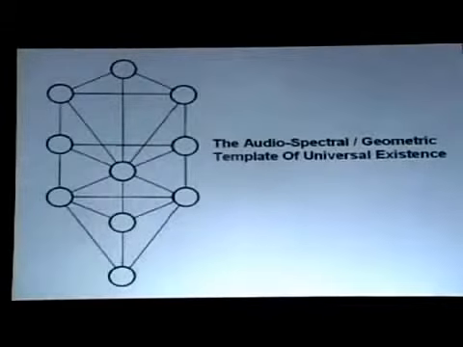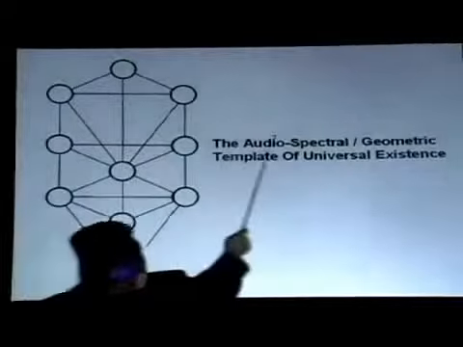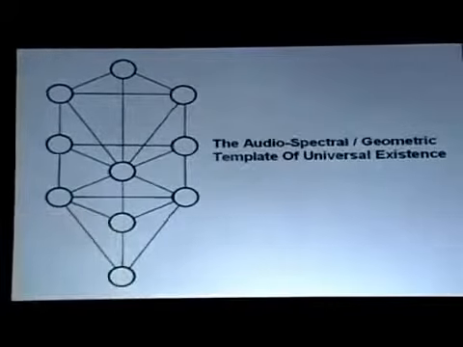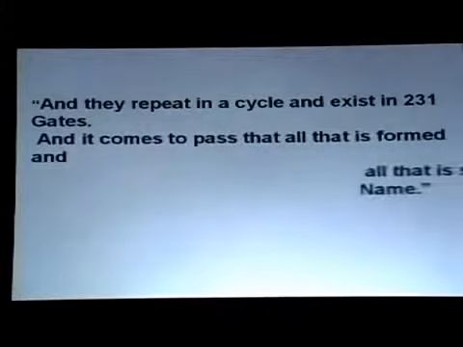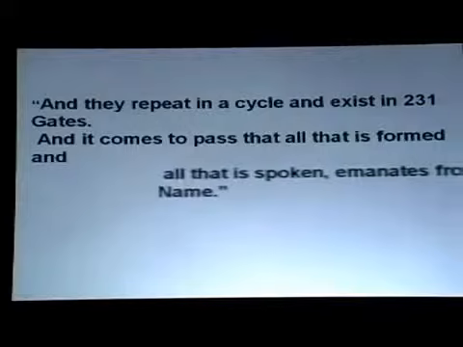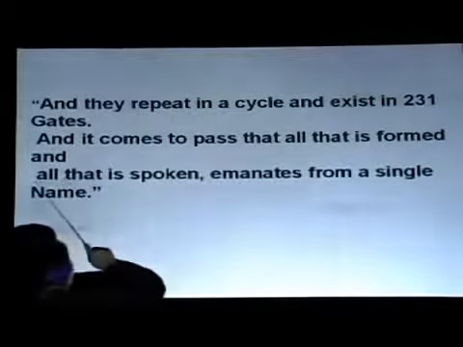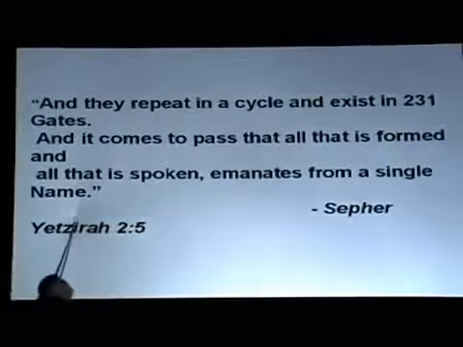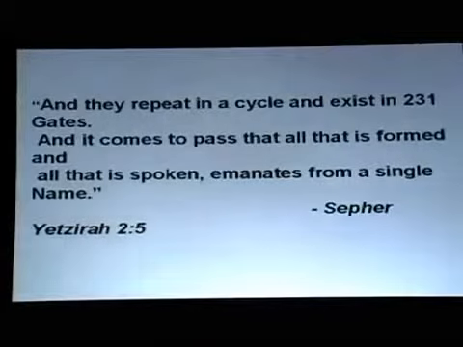So what are we looking at? We're looking at the Sephiroth as the audio-spectral geometric template of universal existence. Next. And they repeat in a cycle and exist in 231 gates, and it comes to pass that all that is formed and all that is spoken emanates from a single name, the Sefer Yetzirah.